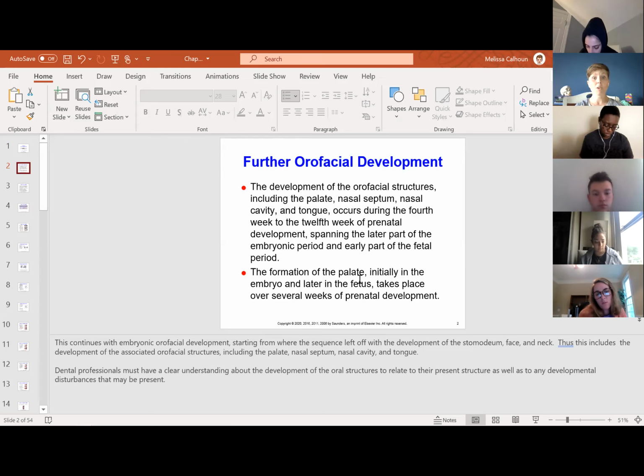It occurs from the 4th to 12th week of prenatal development, spanning the latter part of the embryonic period and the early part of the fetal period. The formation of the palate is initially in the embryo and then later in the fetus. So it might start in the embryonic stage, but it completes in the fetal stage. It takes place over several weeks of prenatal development.